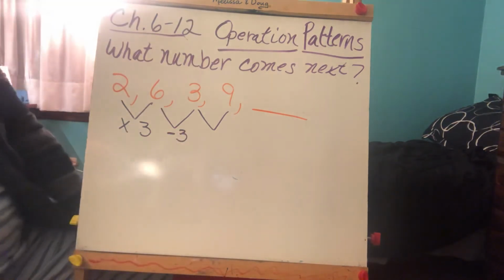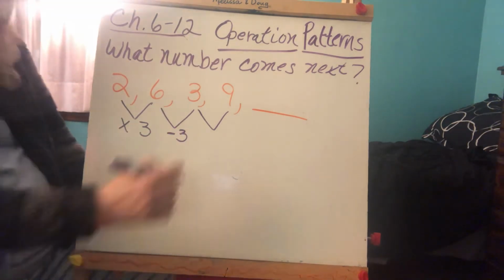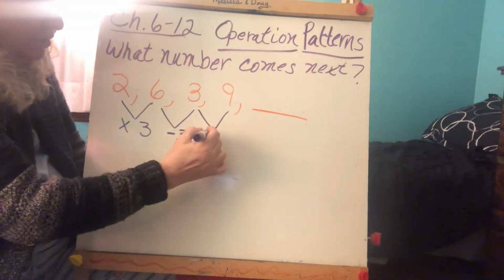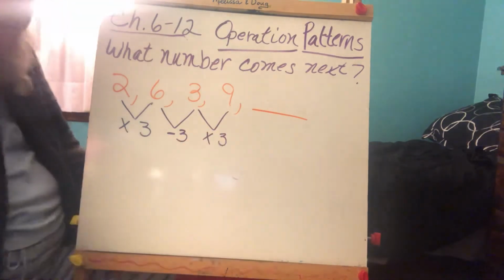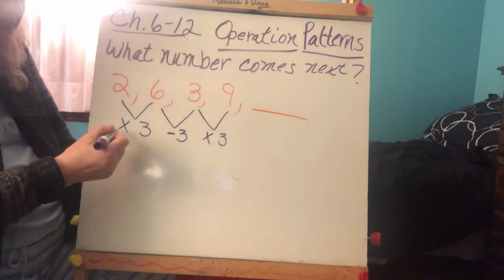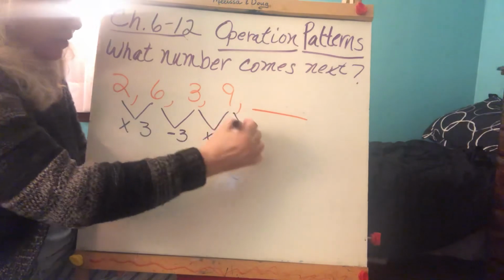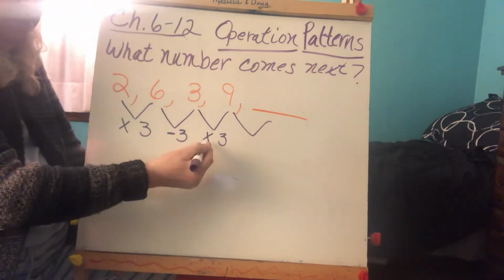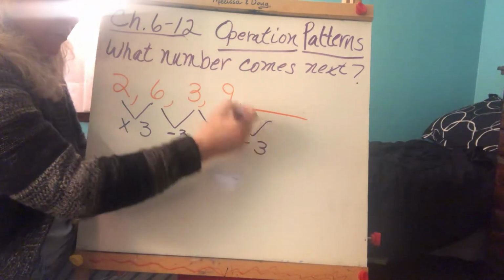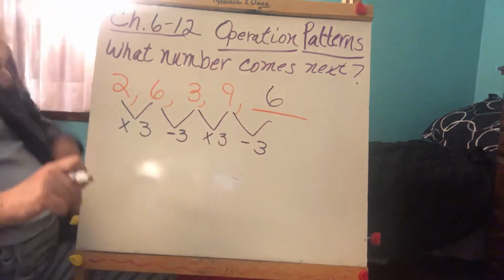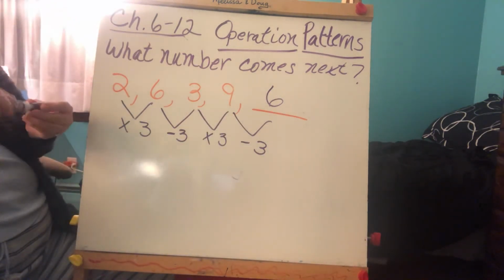Then what do I do to 3 to get 9? I have to go back here. Do I times by 3? Yeah, I times by 3. So if it's times 3, minus 3, times 3, what's next in the pattern? Minus 3. And what is 9 minus 3? 6. So our next number in the pattern is 6.